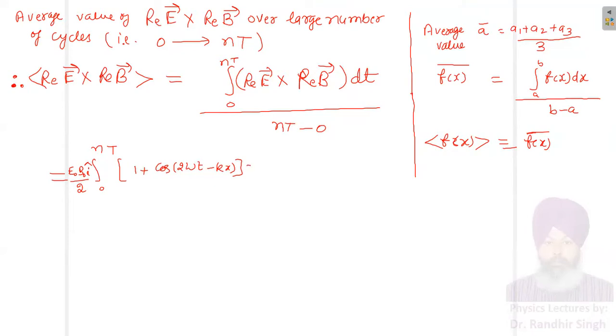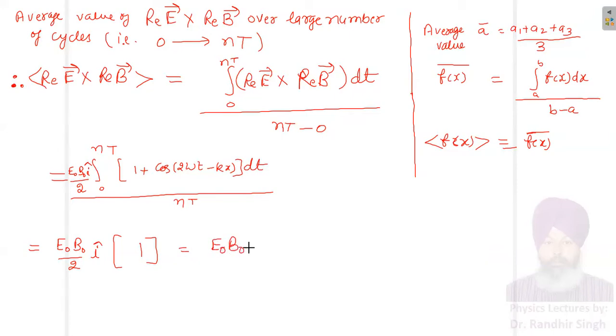This integration is over dt, and the whole of this will be divided by nT. So if we solve this integration, this will become E0 B0 upon 2 i cap, and this integration will be 1. So this answer is actually E0 B0 i cap by 2.